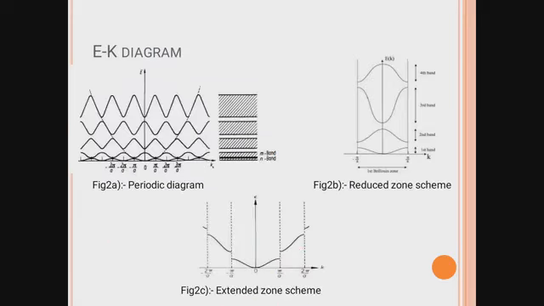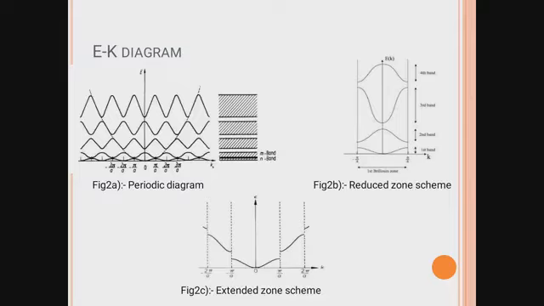On the next slide, the E-k diagram represents the energy along the y-axis, and k is the wave propagation, a kind of vector representation, along the x-axis. This is a periodic diagram.